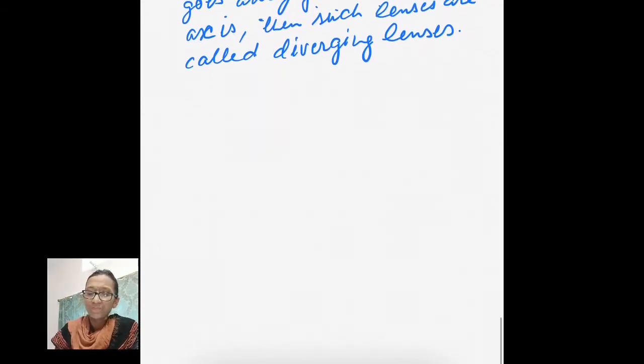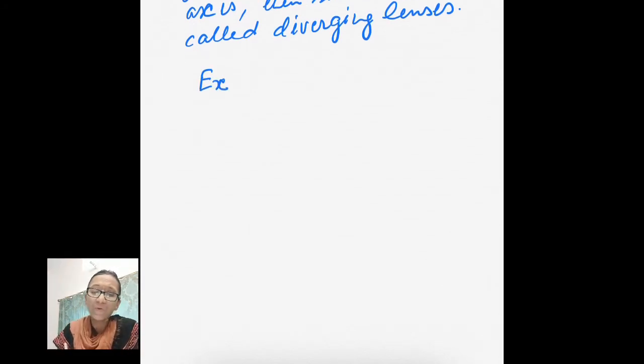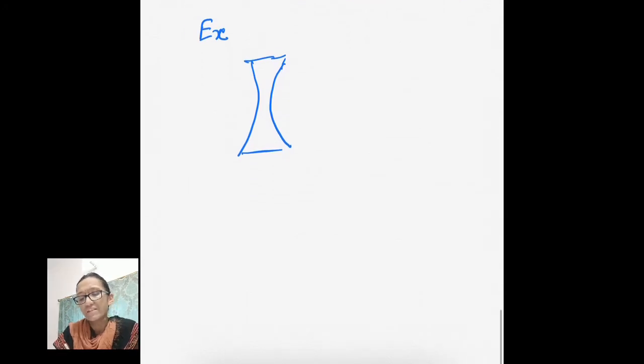And we can have so many diverging lenses. Let me give examples. And in these examples also you will see that all the lenses have the second surface concave. Here you have second surface concave one. So, as per the shape of surfaces, you can name this lens as double concave lens.